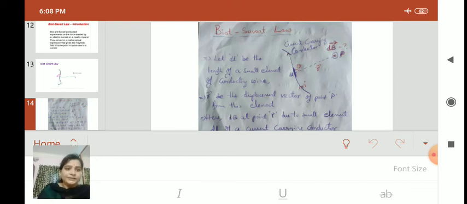Point P is at a distance of r from the small element dl. There we have to find the magnetic field dB. It is at an angle theta.